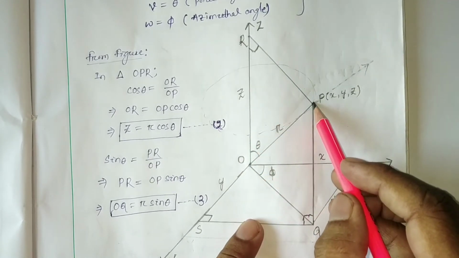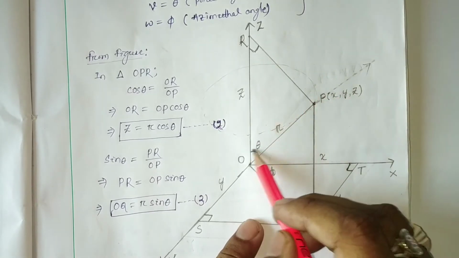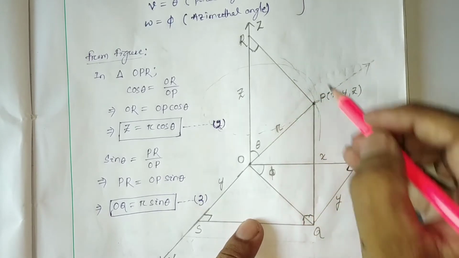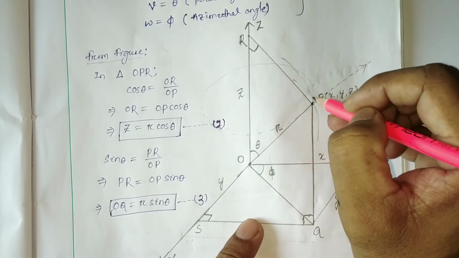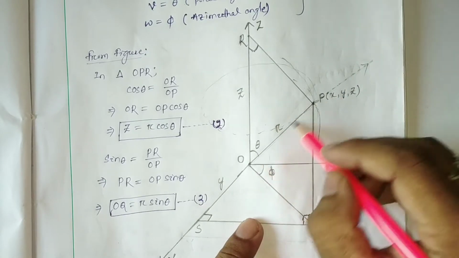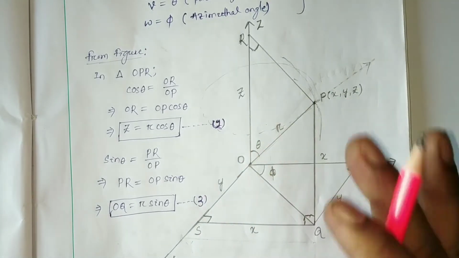Then if the point moves like this on the surface of the sphere, it will change this angle theta. Another curve is the straight line which passes through this point, starting from the origin. We discussed this in detail in that video.